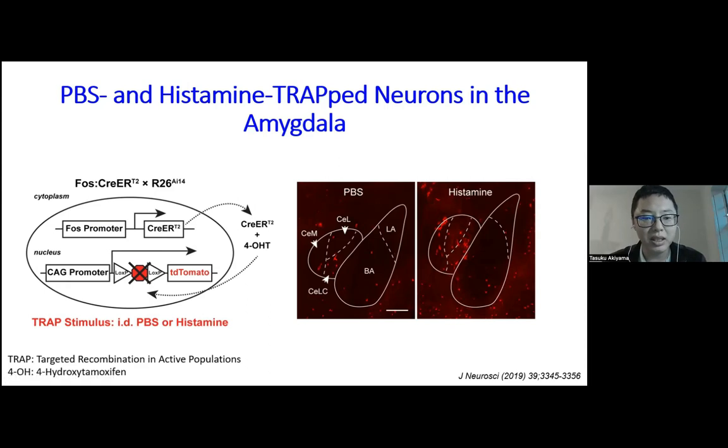So this means in these red cells, we have Cre recombinase in the nucleus. And then the right image shows that after the histamine injection, you see more red signal, more tdTomato. So you can see that more cells are actually trapped by this system.